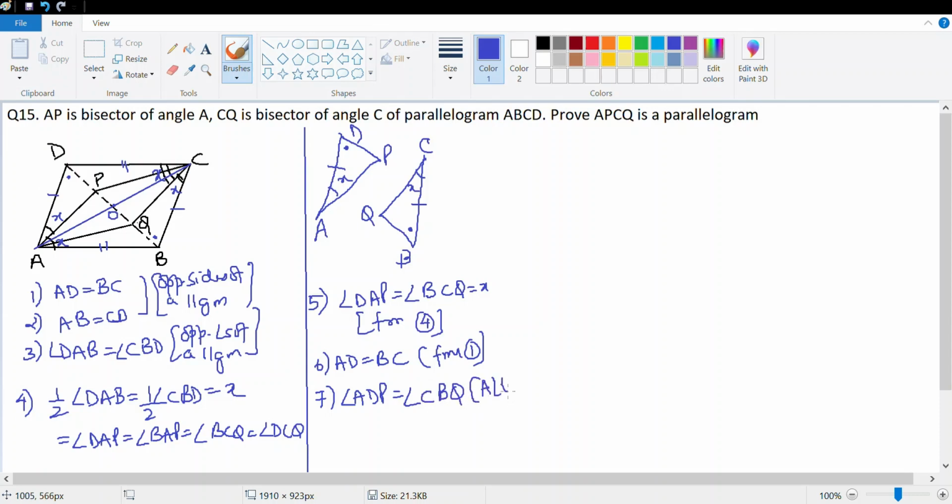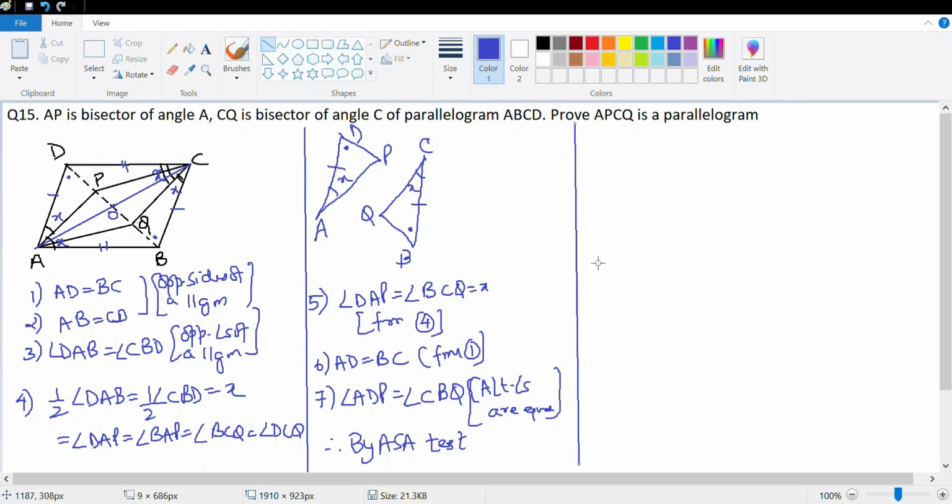Reason is alternate angles are equal. Done. Therefore, by ASA test, these two triangles are congruent. What would it help me do? Let's look at this. It would mean triangle ADP is congruent to triangle CBQ.